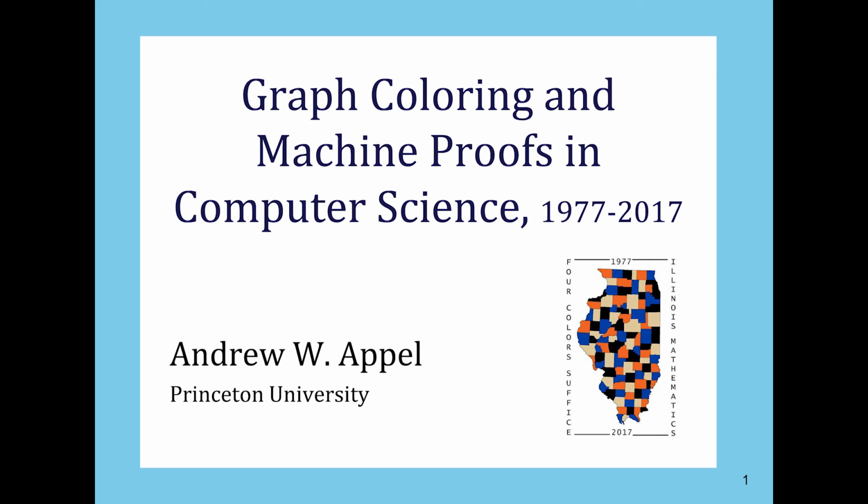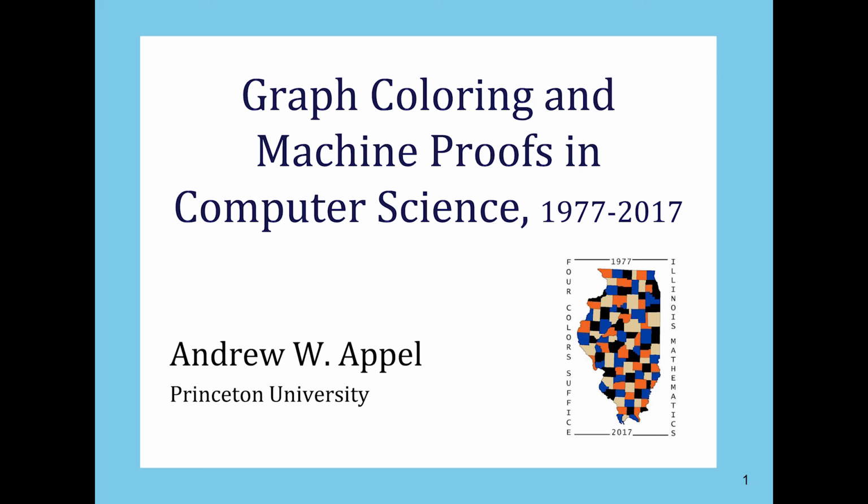So it's a great pleasure today to introduce our speaker, Andrew Appel, who's Eugene Higgins Professor of Computer Science at Princeton University. He was chairman of the department from 2009 to 2015. He is a fellow of the Association for Computing Machinery. He's the author of several books, such as Modern Compiler Implementation in ML. I found out what ML is today. He's the author of over 120 papers.